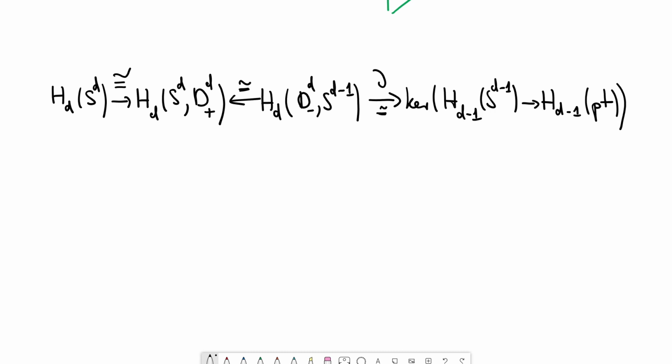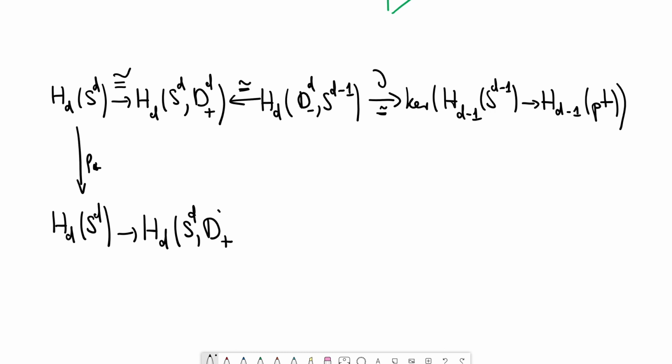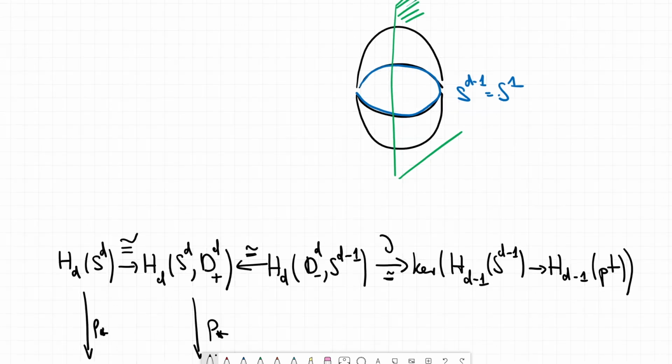So here we have the induced map by the reflection. And let's complete this diagram. And here's the point. You can write this reflection here, because of the way we set it up, look at this picture again.